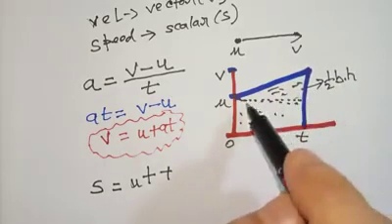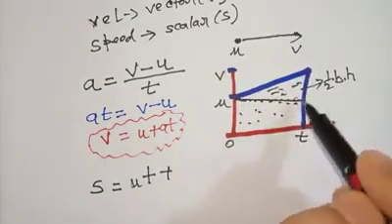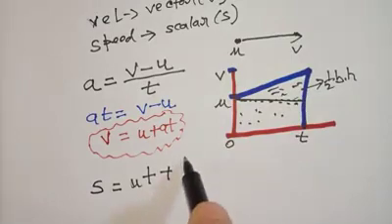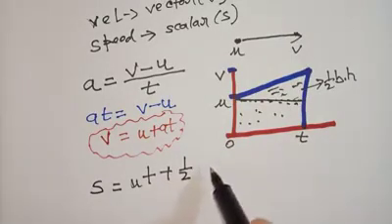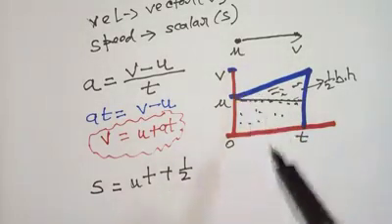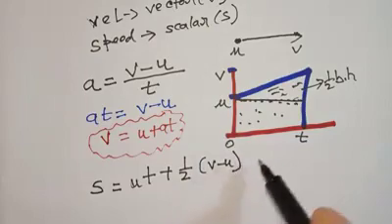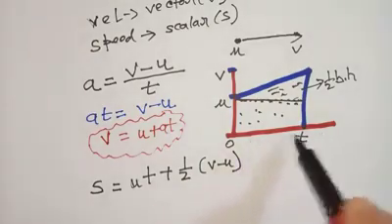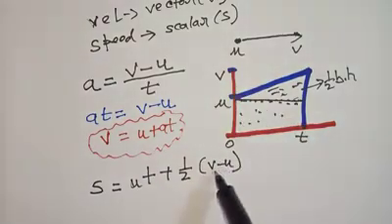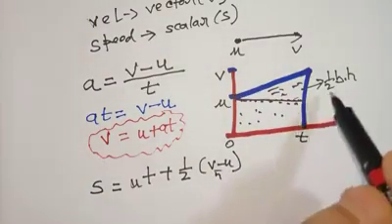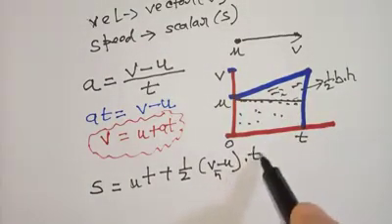This is a triangle. Let me now draw the line, and you will understand this is a triangle. So it would be half of base multiplied by height. V minus u is the height. And what is the base? This is t. T is the base.